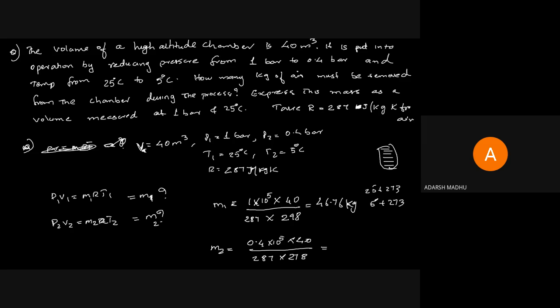287 into 278. Volume is 40 itself. M2 value is 20.05. 20 point 05, right?